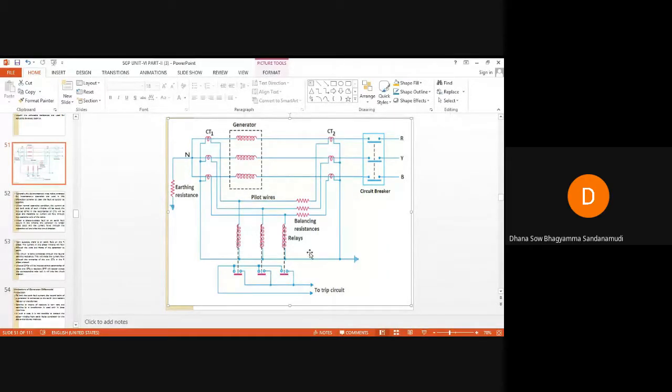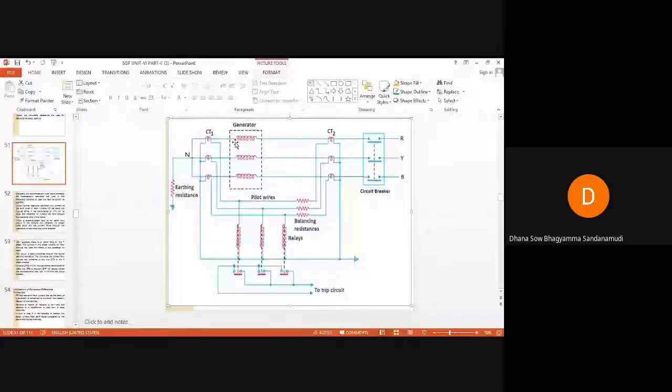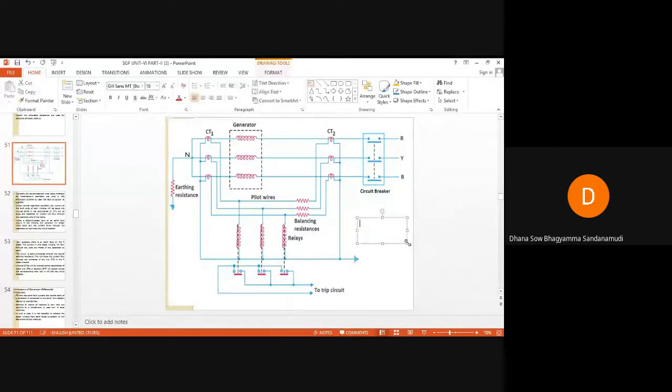So this protection is unable to protect the generator windings 100%. The protection we are able to provide here is only around 80 to 85%.